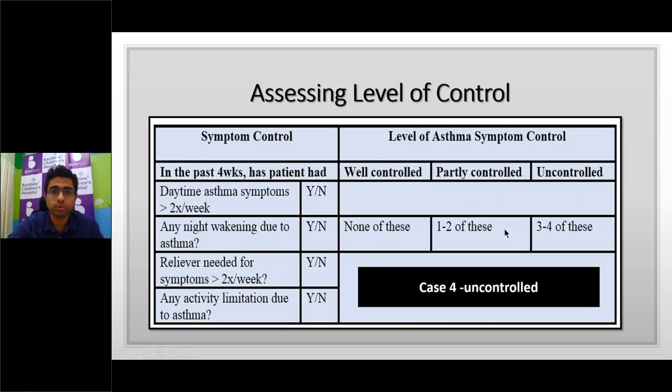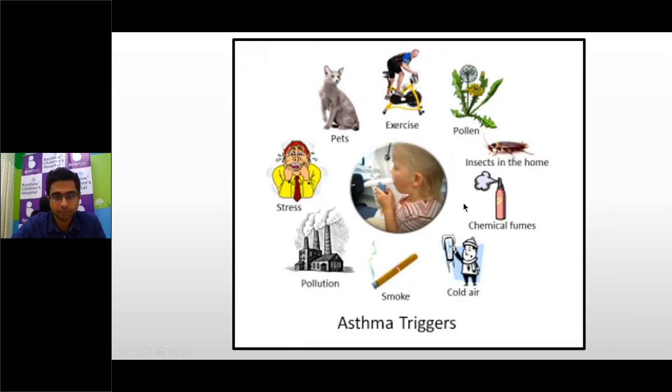So what should we do now? What is the next thing? Next step: always take into account triggers. Inquire about the triggers which may be exacerbating or making the symptoms uncontrolled. What are those triggers? Pets; it is found that cats are worse than dogs.